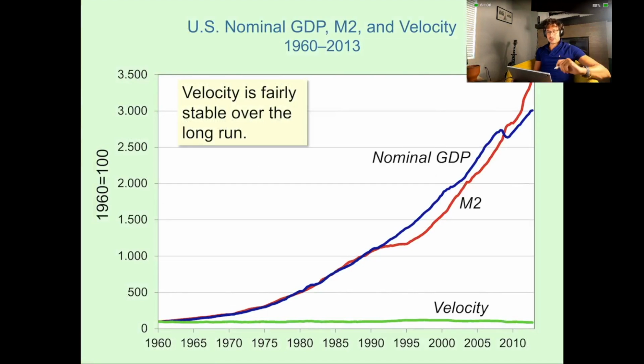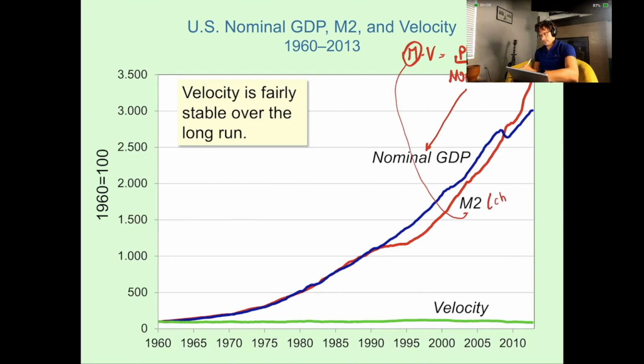As I was mentioning, here I'm plotting a graph of the relevant variables in this formula. In particular, I want to plot the nominal GDP, which is the blue line here. Then I want to plot money. In this case, I'm measuring money as M2.